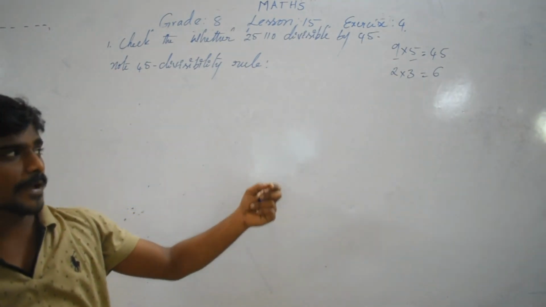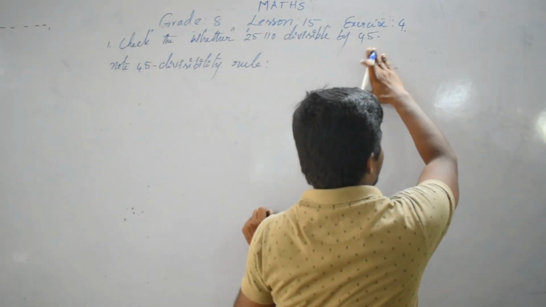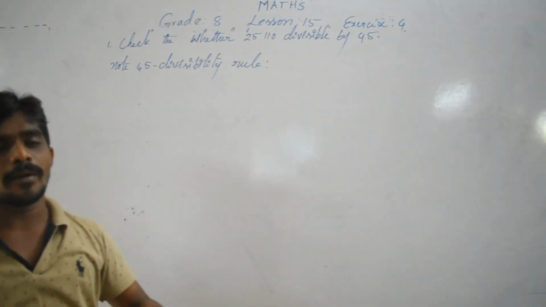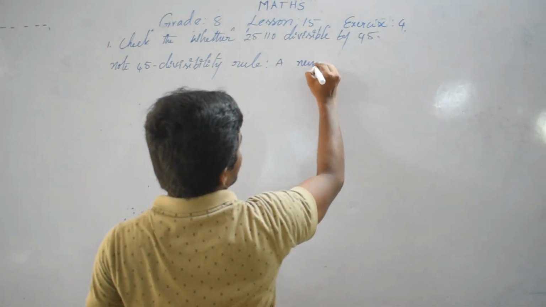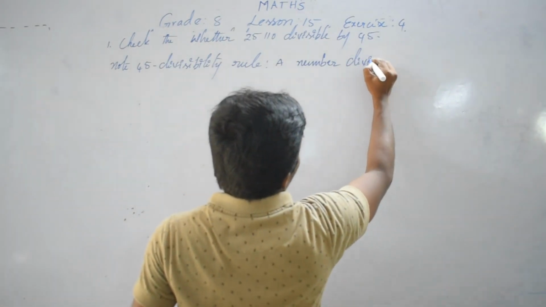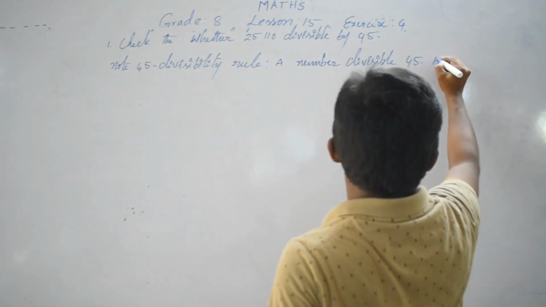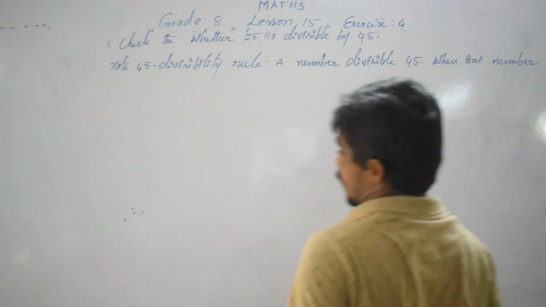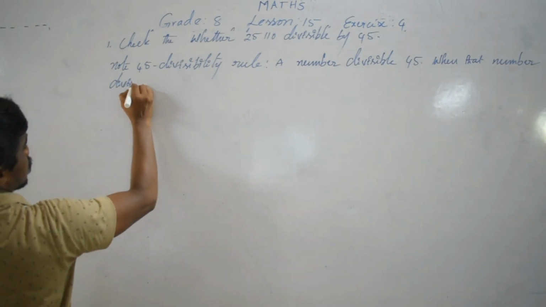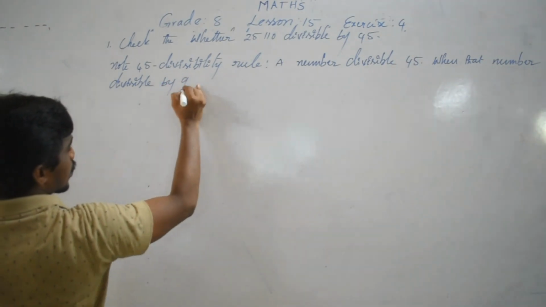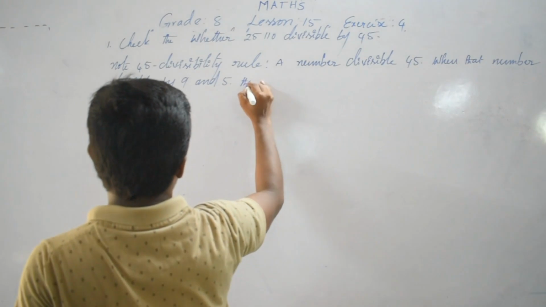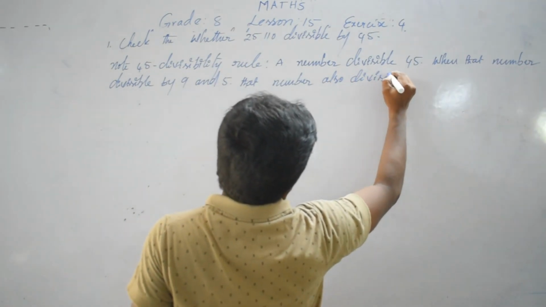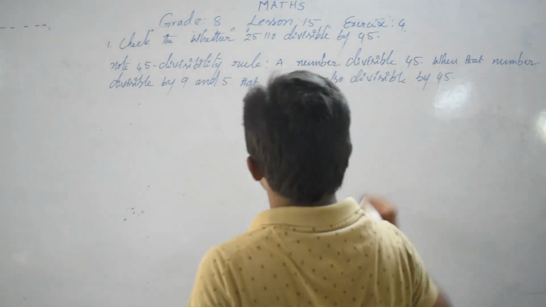As is here, a number is divisible by 45 when it is divisible by 9 and by 5. So that number is also divisible by 45.